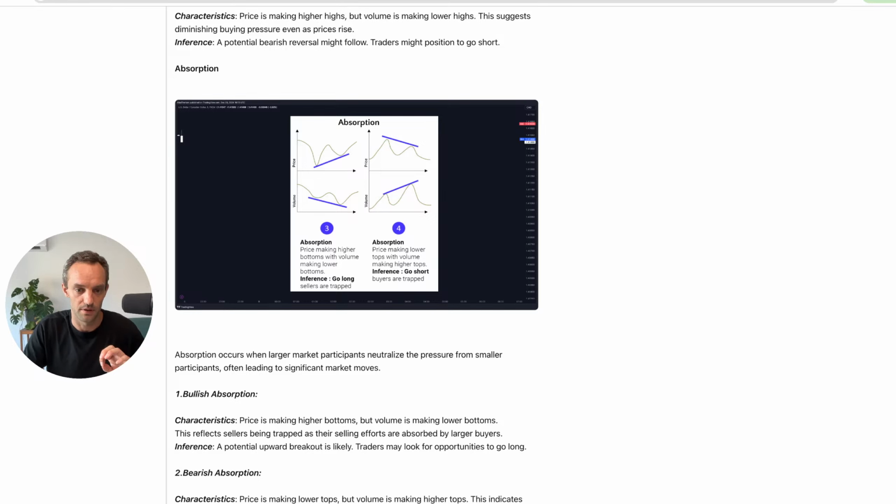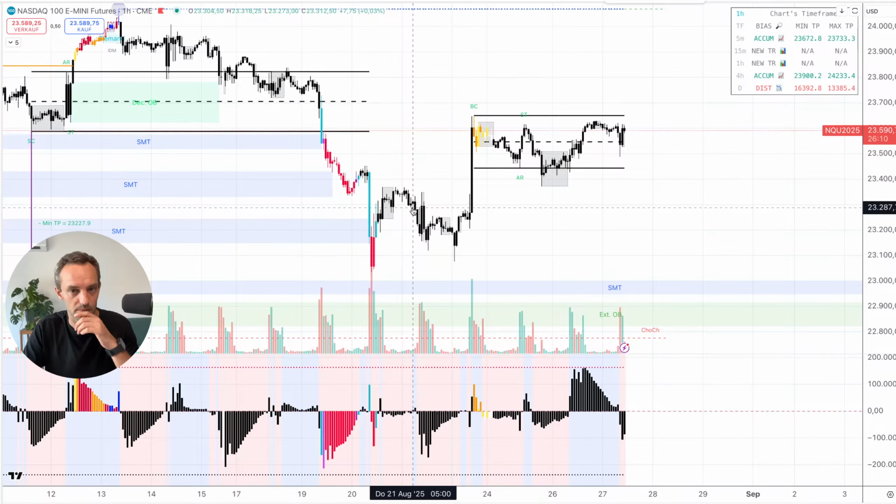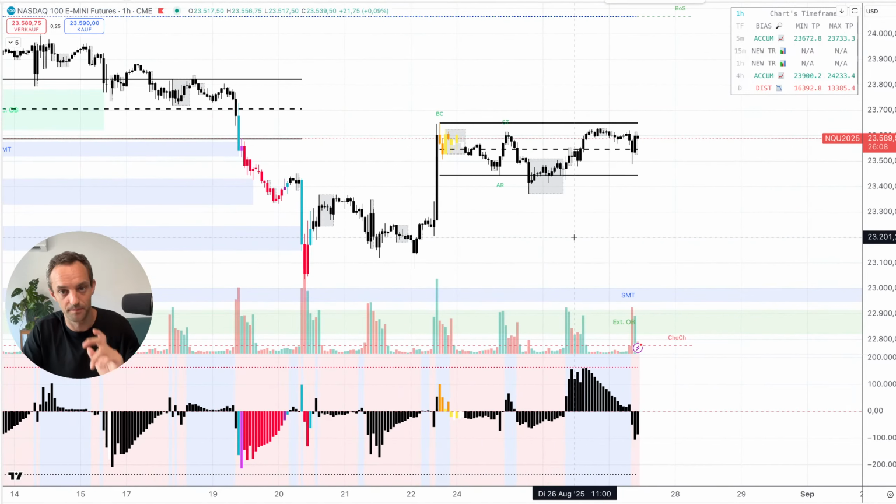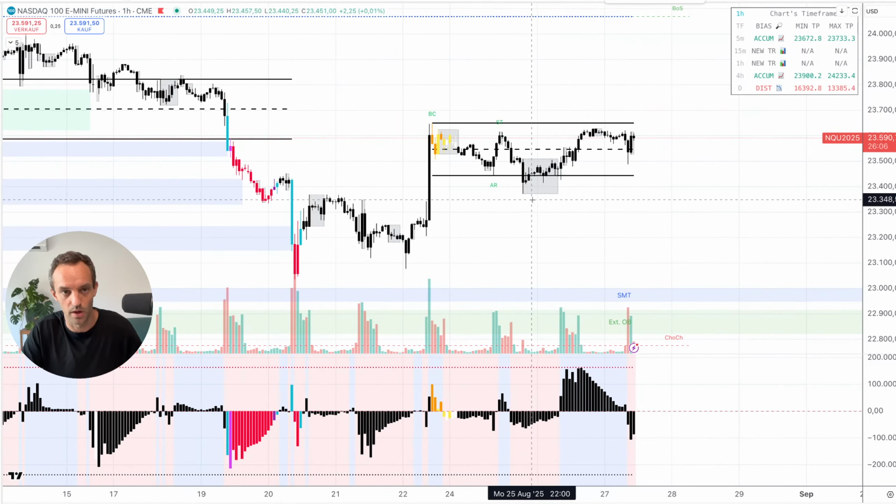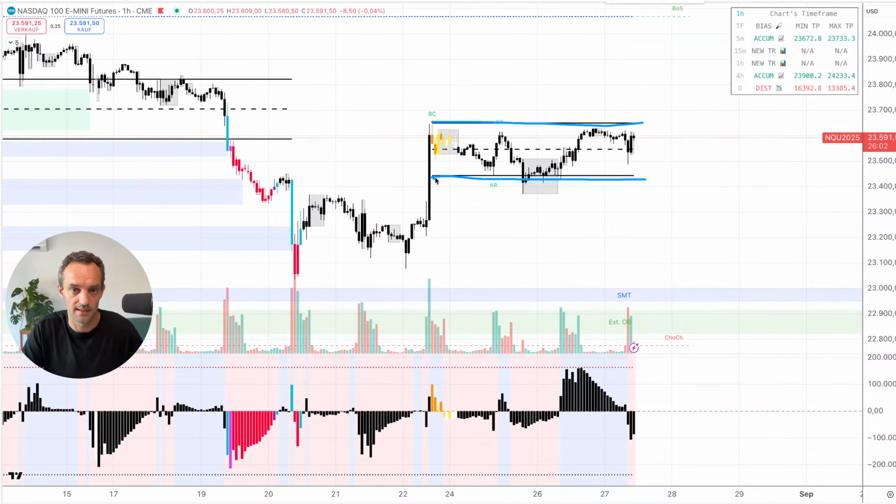Let me give you an example now about this. So we have the NASDAQ. Here I start on the 1 hour chart. NASDAQ is moving up and down in this Wyckoff range. After this Friday push to the upside, the market is consolidating, doesn't know where to go.